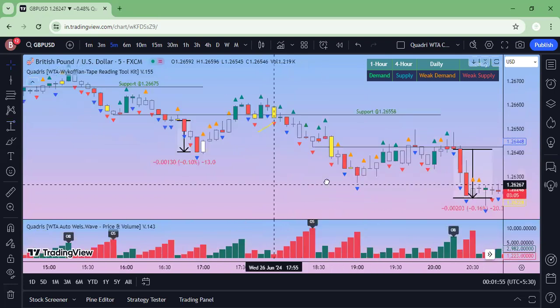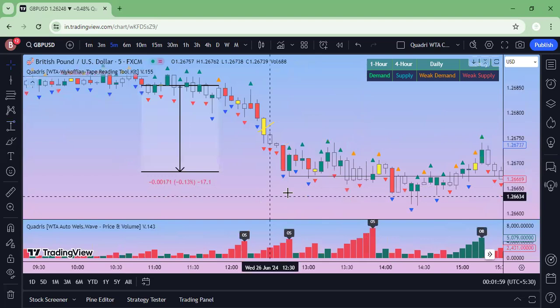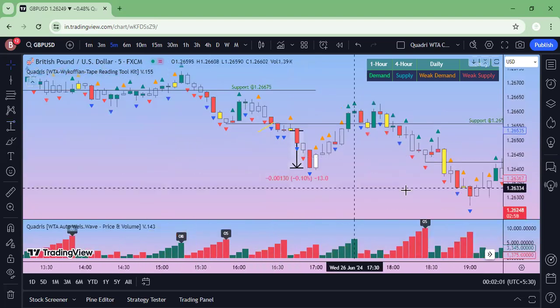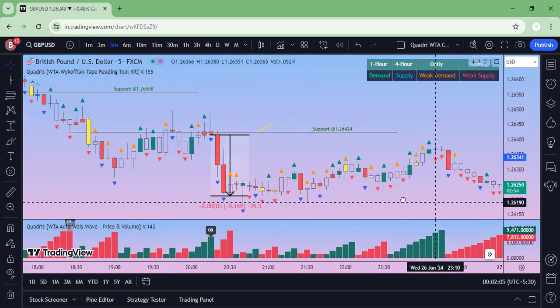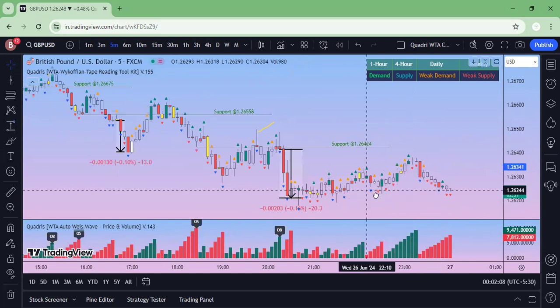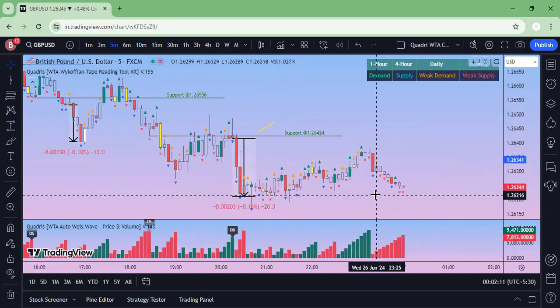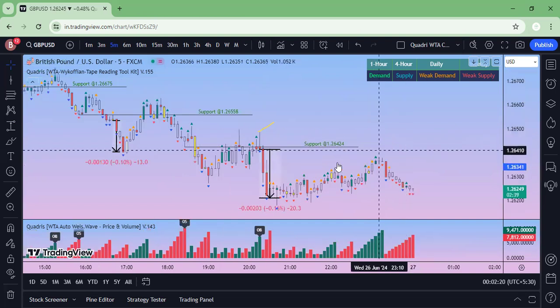So 230 points here, 130 points here, and somewhere 171. So that makes 400 points plus or minus, and I had made a goal of 300 points daily for GBPUSD and EURUSD. So this is what GBPUSD was today.